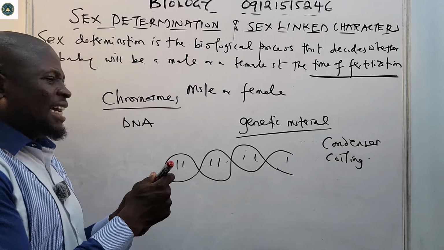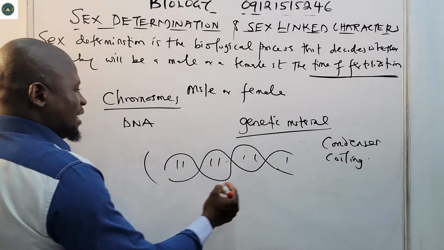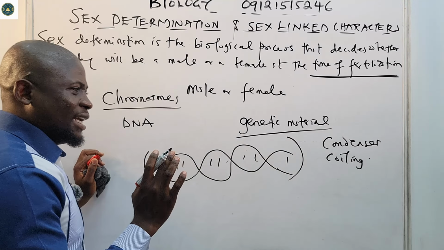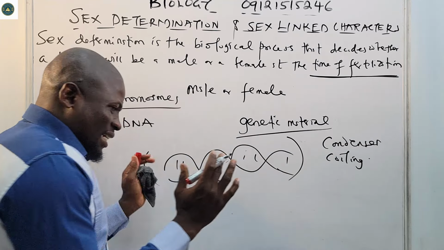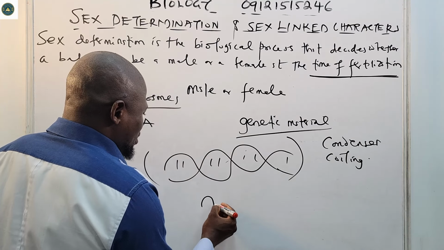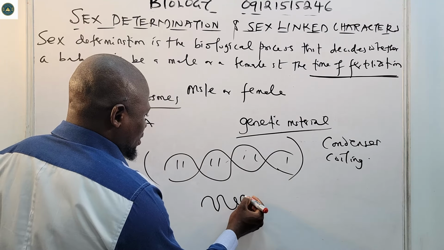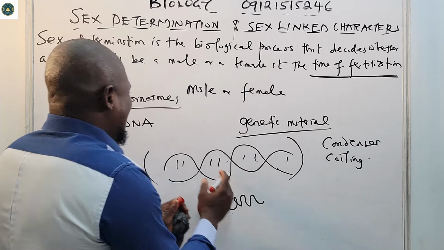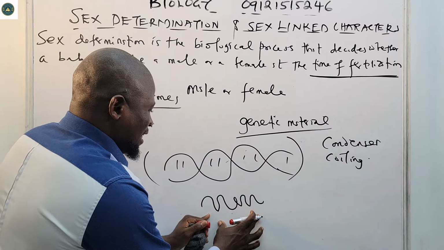So when this DNA that you are seeing here undergoes coiling or condensation, it condenses, like, let's say the spring. Instead of like this, it will now look like this. This one is more condensed than this.